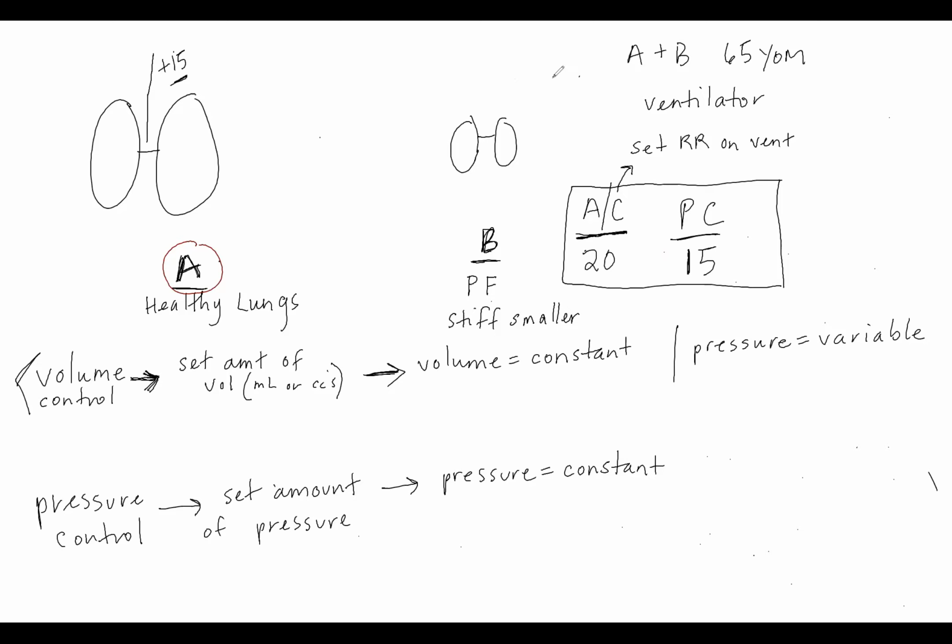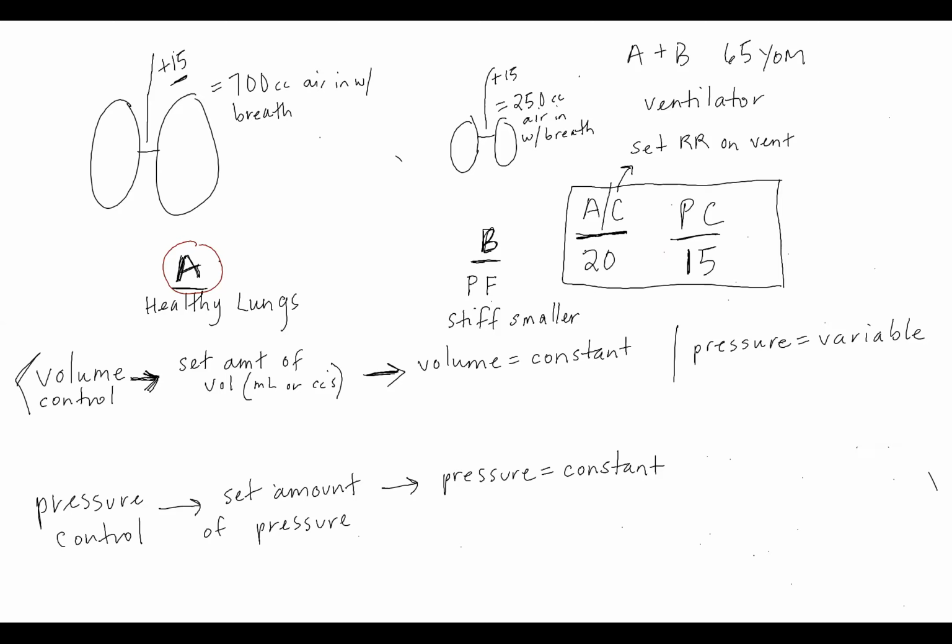There is no formula or mathematical equation that I'm using, but let's say for patient A, that this person took 700 cc's of air in with their breath. Now for patient B, who gets 15 of pressure, they only took 250 cc's of air in with their breath.